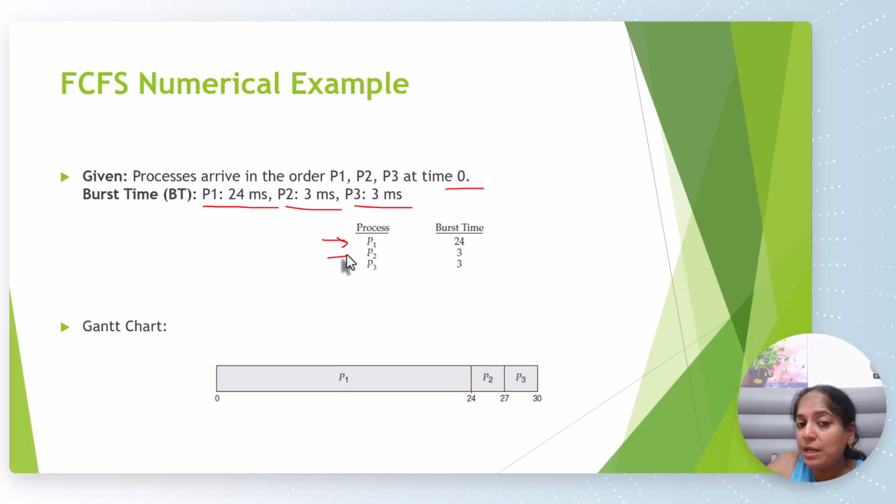Then P2 will execute. It will start at 24 and the burst time is 3 milliseconds, so it will complete at 27 milliseconds. Then process P3 will start at 27 and the burst time is 3 milliseconds. So, the total time will be 30 milliseconds, right? So, this is the Gantt chart.